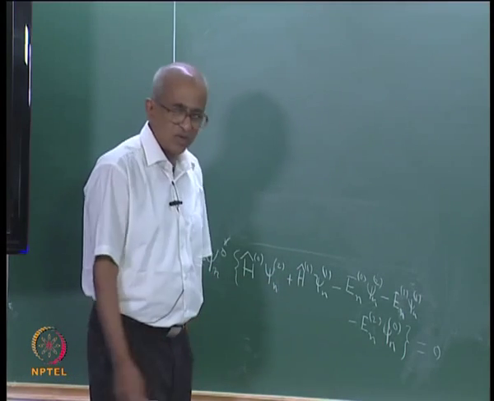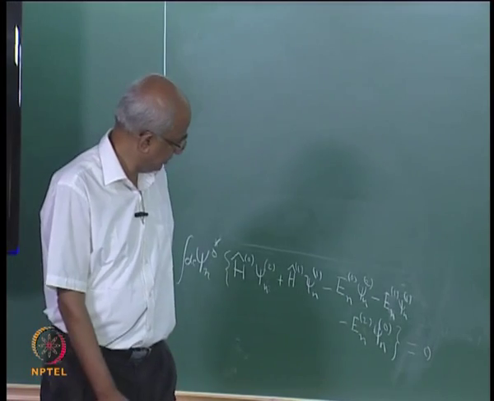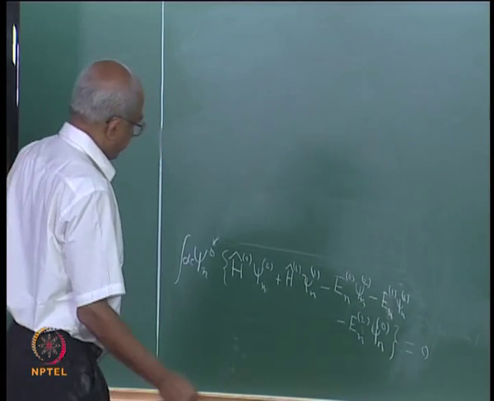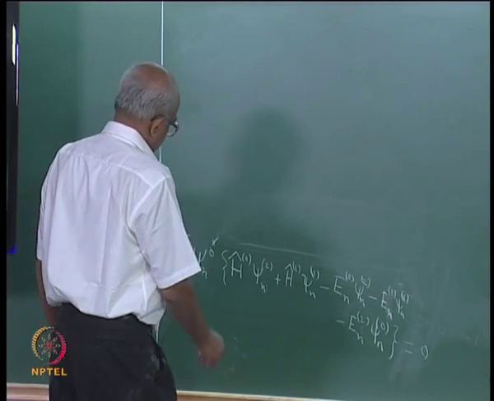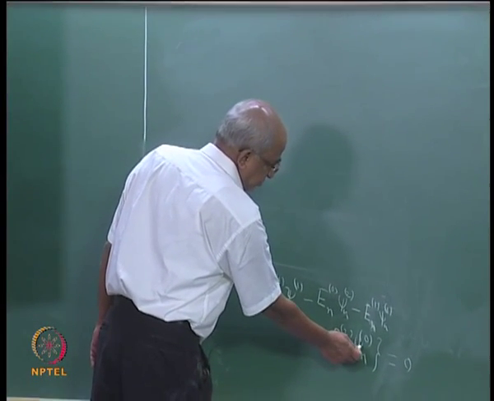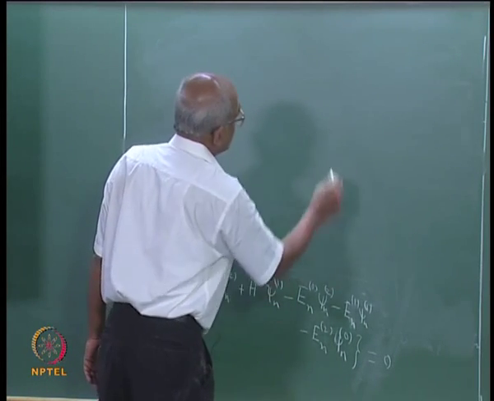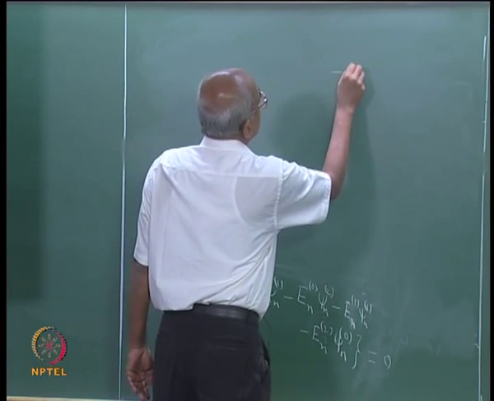That is what I am going to use to determine the value of En2. So, let us see what happens. You will have psi n0 star multiplying psi n0 and being integrated over the entire space. Therefore, this term is going to be just minus En2.